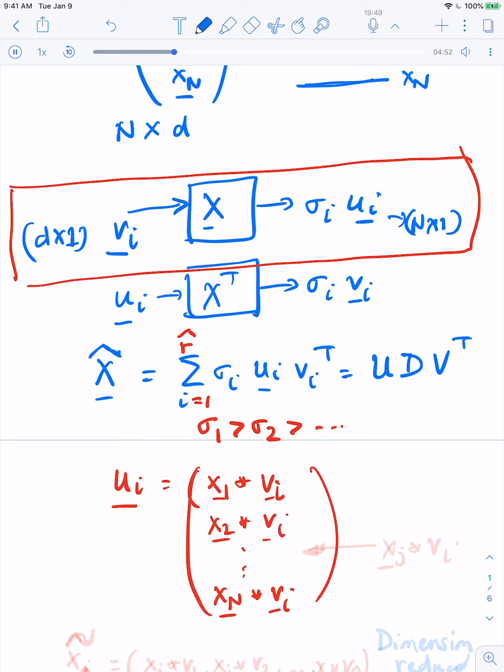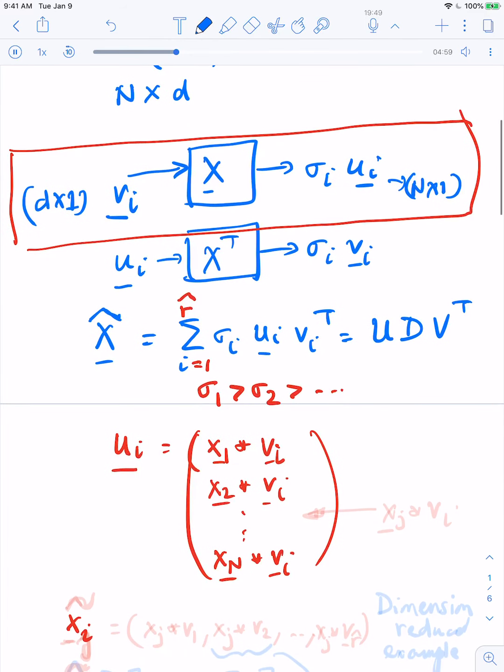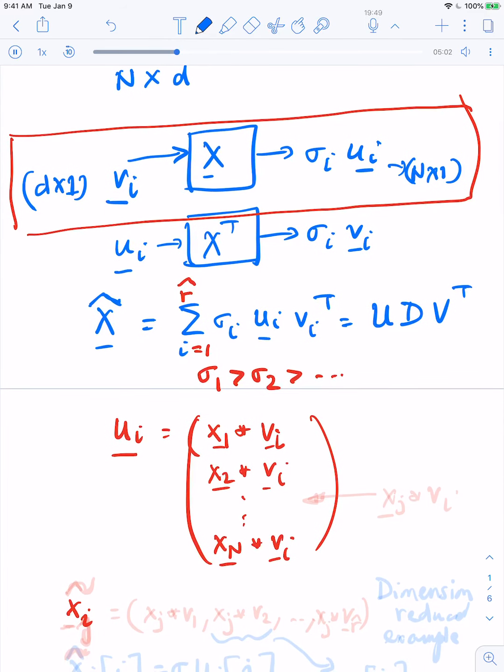And so what have I done? I have gone to an equivalent example, and since I was using the i notation for this, let me call it the jth example. Now, what have I done to the jth example? It's xj times vi. The jth example corresponds to the jth entry of this ui.